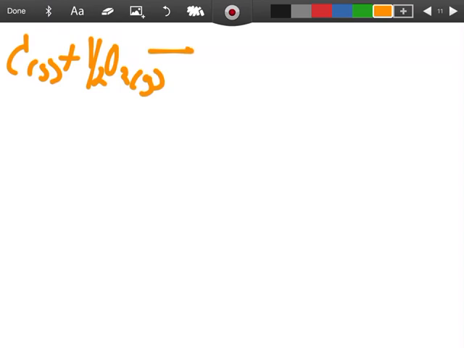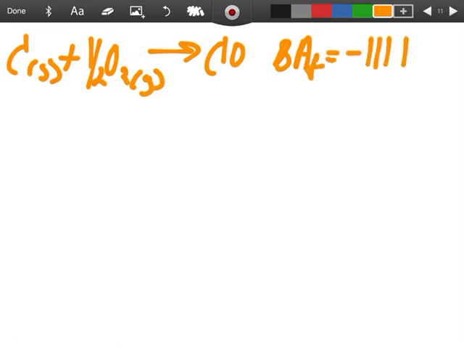Very well. So let's see. I have C, carbon that is solid, plus 1/2 of an oxygen that is a gas, and that is going to give me CO. And the enthalpy of formation for this reaction is going to be minus 111 kilojoules. Perfect.